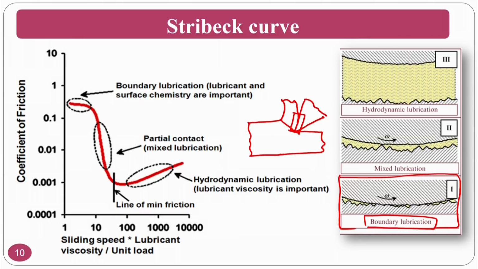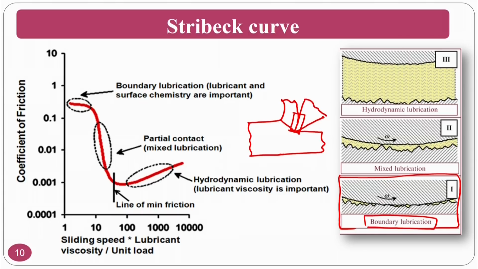If I am talking about tool versus chip, the dominating thing is that my chip asperities are in contact with my tool. That means I am talking about completely the sticking region. There are two tribological regions in the machining surface: one is a sticking region, another is a sliding region. So I am talking about the sticking region.